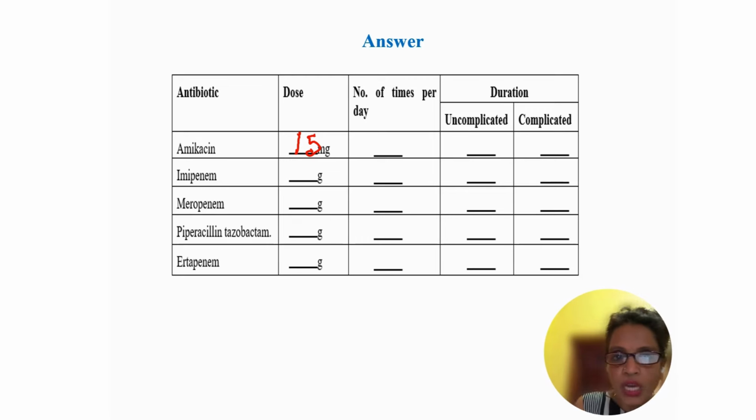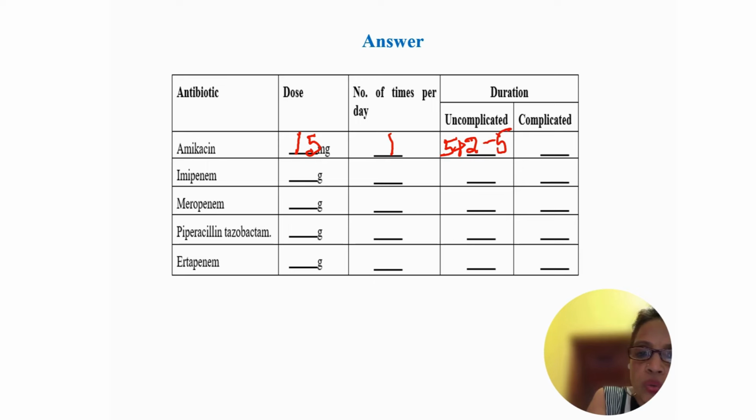And then number of times per day, this is just single dose on day 1. Irrespective of the creatinine clearance, the loading dose is given at 15 milligram per kg body weight to reduce the nephrotoxicity. And uncomplicated cystitis is treated for 7 to 10 days. How do we represent 7? 5 plus 2.